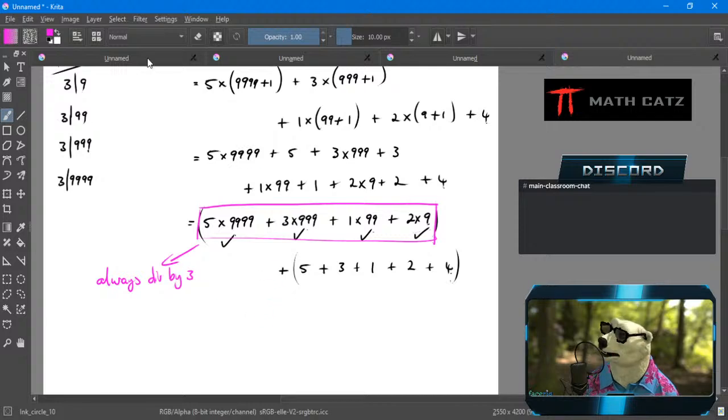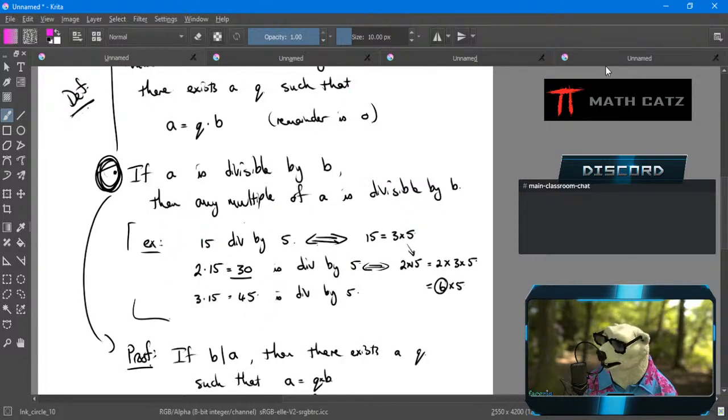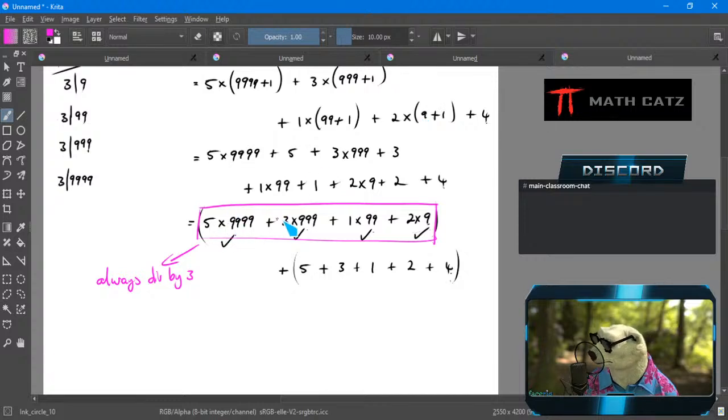And I'm using a combination of these properties. First up, each individual term is a multiple of something that is divisible by 3. And then I add them together. If I add things together that are each divisible by 3, the answer is going to be divisible by 3 as well.